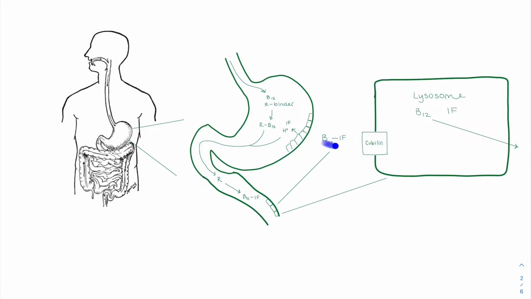This complex is able to travel through cubilin to get into the cell by receptor-mediated endocytosis. Then in the cell, the B12 and the intrinsic factor lose their bond, and B12 is able to go throughout the rest of the body into the blood and so forth.